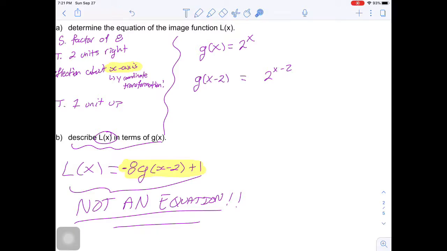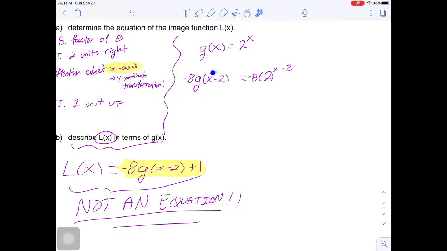Now, we multiply all of g of x minus 2, which in this case is this, by negative 8. So here, this will be negative 8. We're going to multiply this by negative 8. See how that got placed there. And then we're going to add 1 to negative 8 g of x minus 2.